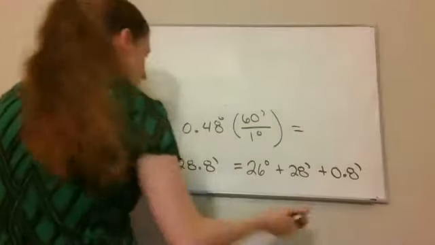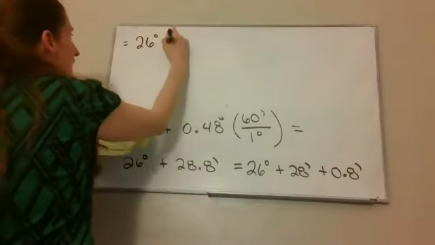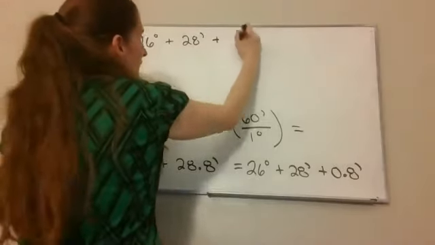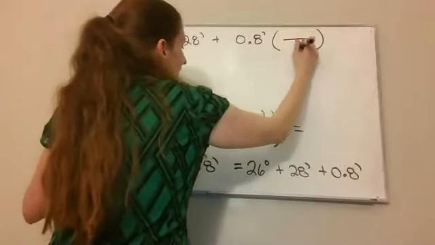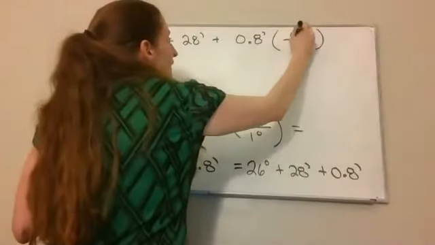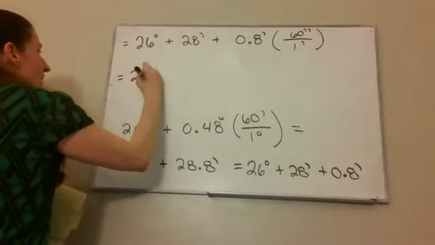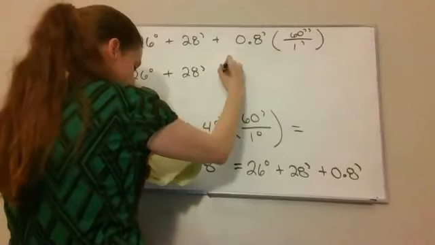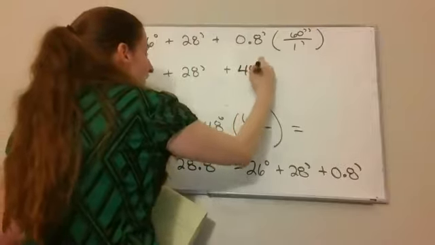How do we do that? We use a conversion factor. So I have 26 degrees plus 28 minutes plus my 0.8 minutes times my conversion factor. How many seconds are in 1 minute? 60 seconds per 1 minute, and I multiply that out. 26 degrees, 28 minutes, and then the 0.8 times the 60 gets me 48 seconds.